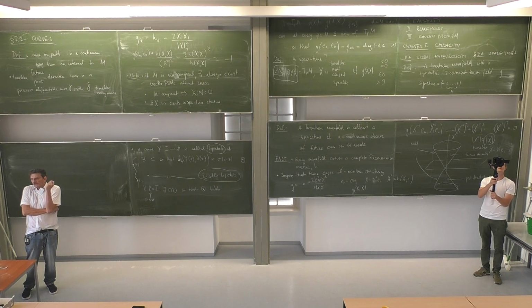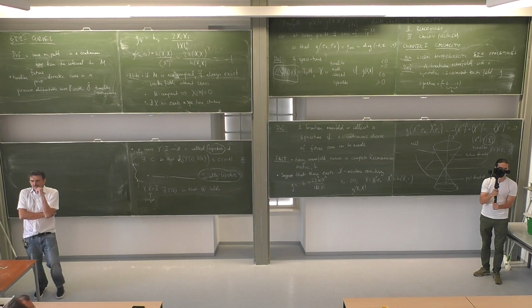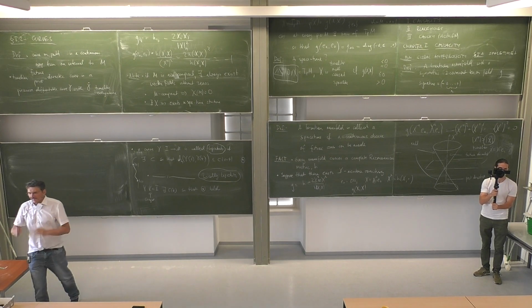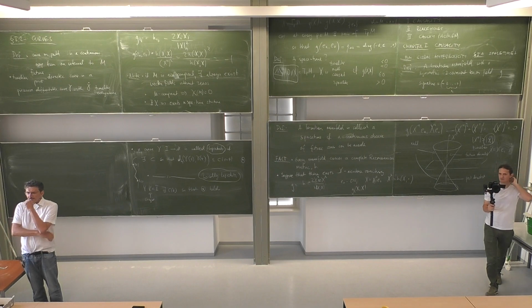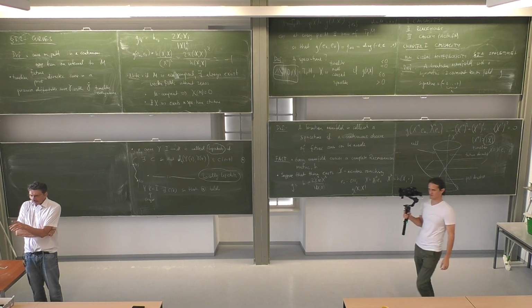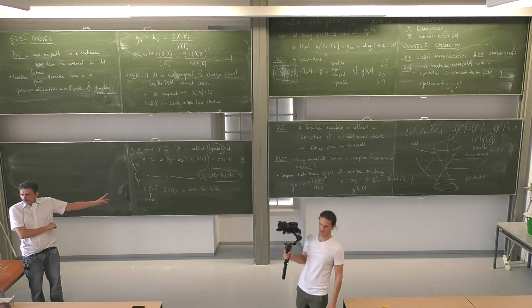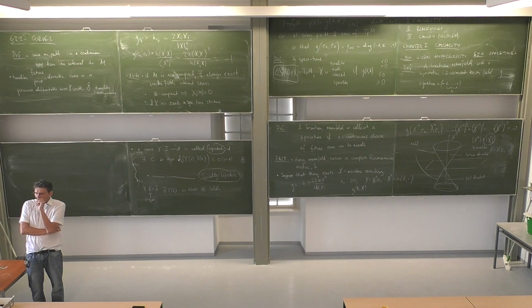Okay, that would be one way of saying this. I'd like to understand you because maybe I'm missing something. Okay, let me just say the following. If the curve is differentiable, this will be true, right? We agree with this.